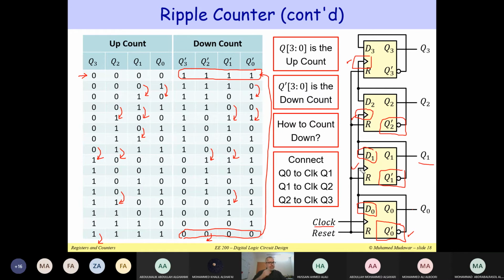It will have exactly the same effect. So when I use Q0 prime, when Q0 goes from 1 down to 0, Q0 prime goes from 0 to 1, and this is why we are using the rising edge. Whereas if I would like to use the negative edge, then just use Q0.